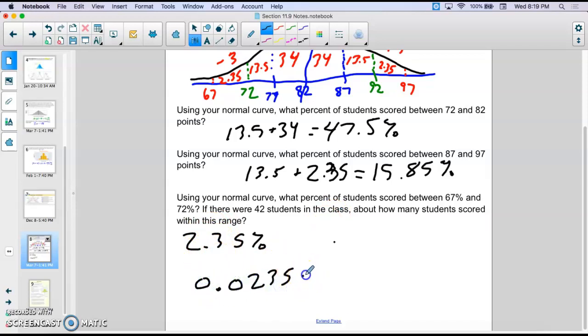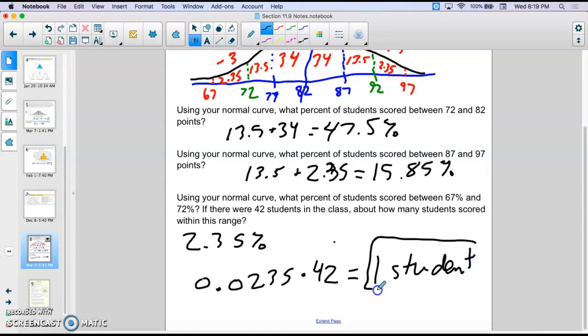Then there's 42 students, so we multiply by 42. 0.0235 times 42 is 0.987. In practical terms, that's about 1 student. One student dropped below that 3, the minus 3 standard deviations away.